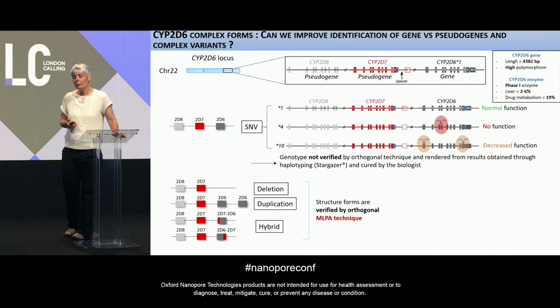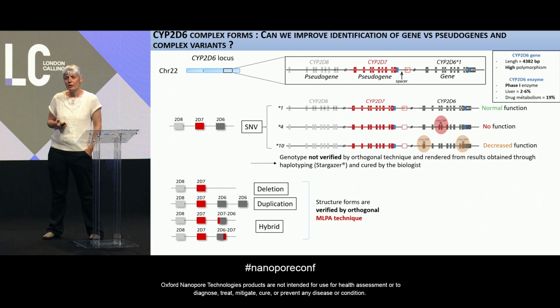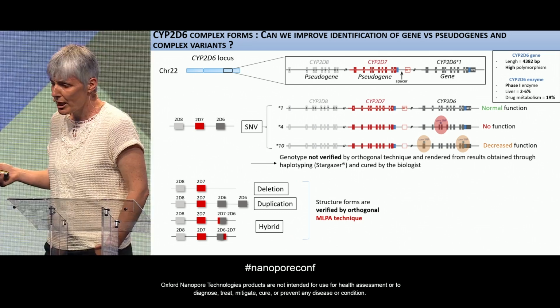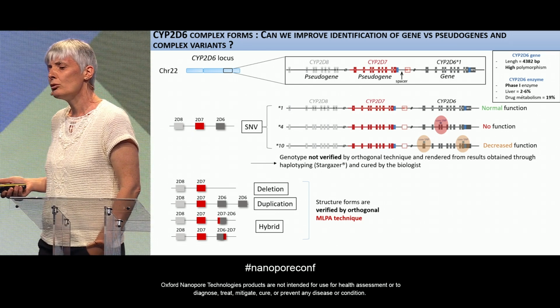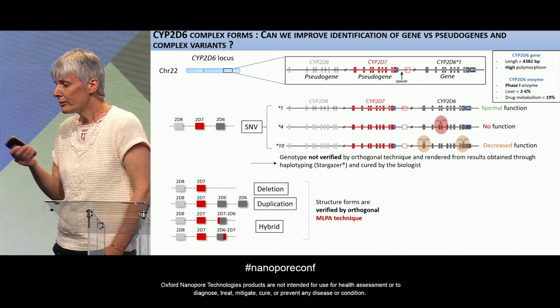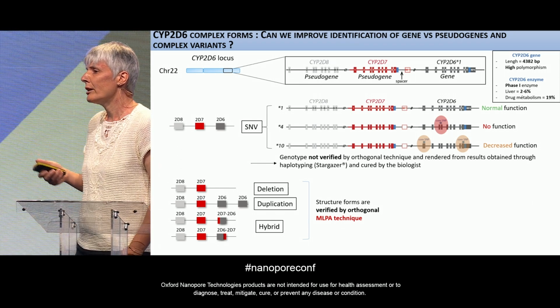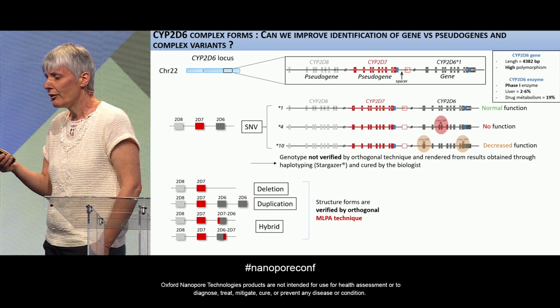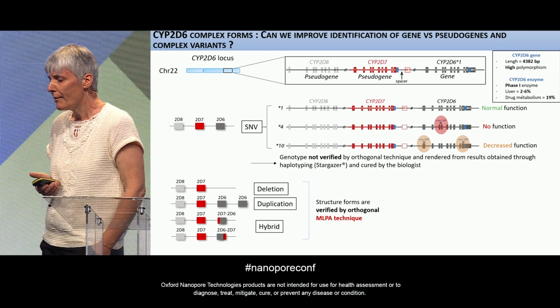So a few words about the CYP2D6 gene. It's a really important gene in pharmacogenetics because it's involved in the metabolism of numerous drugs. It's a small gene, but it has two pseudogenes. And CYP2D7 is a very homologous gene, so we have to differentiate between them.